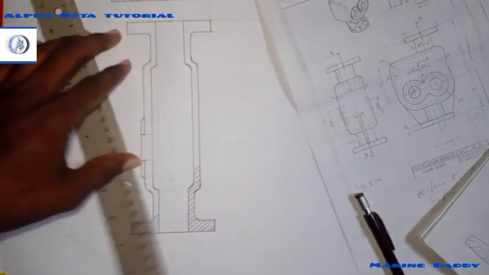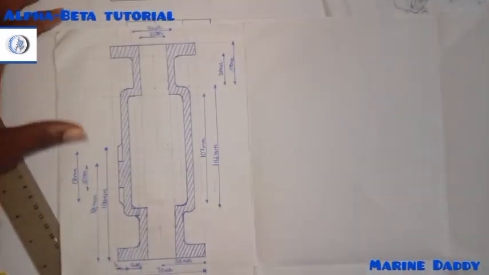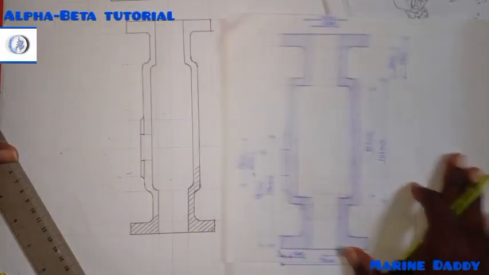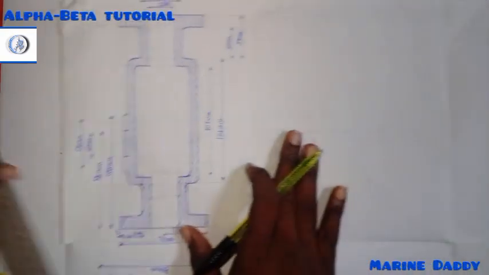Now at the end of it all, for the sake of time, I've done this before. Your work will look like this. Your work will end up looking like this.